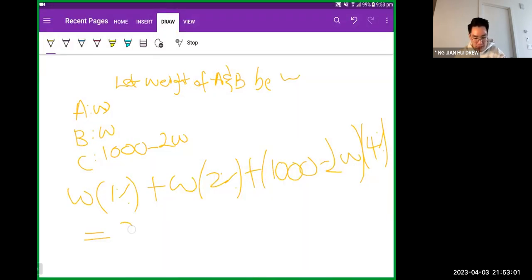Sorry, I'm just jumping between. All right, so we should do this, and then solve for W. Once we find W, we just take 1000 minus 2W, and we should get the weight of C that we need.